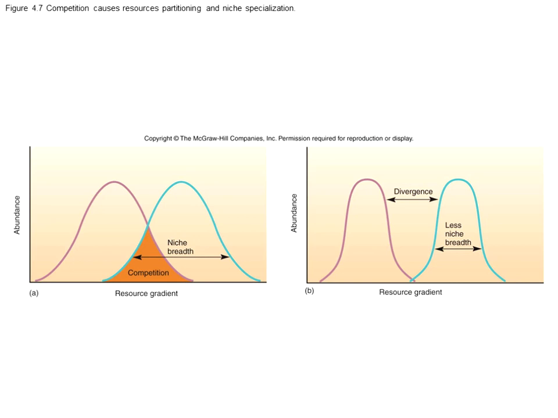Competition, and we talked about the reasons for competition, causes resource partitioning and niche specialization. Where the niches of two species overlap, they're going to compete directly. So competition will occur. Individuals in this part of the niche will have less success producing young.